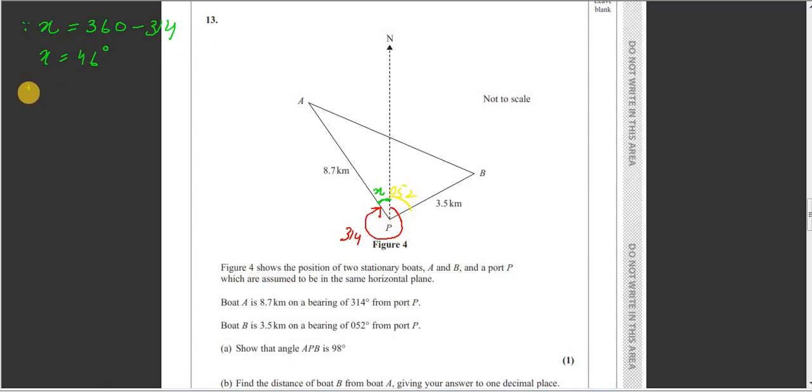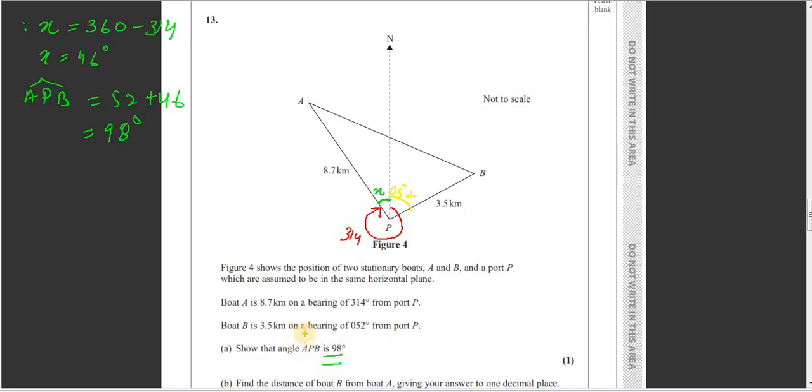And now the angle APB is 52 plus 46, and your final answer is 98 degrees. So angle APB is 98 degrees, which you needed to prove.